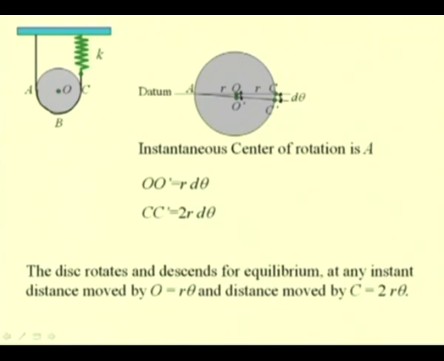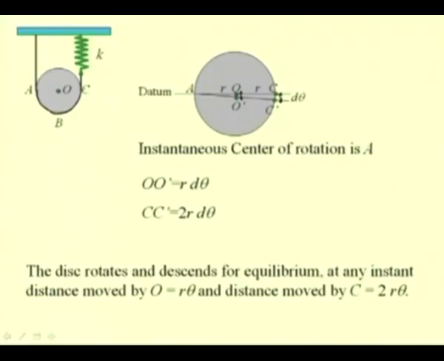So, the point O would have descended by a distance r theta, and the distance moved by this point C will be 2r theta, and these are the distances which are of interest to us, because the point O corresponds to the mass center where the weight of the disk acts, and the point C corresponds to the point where the spring force acts.